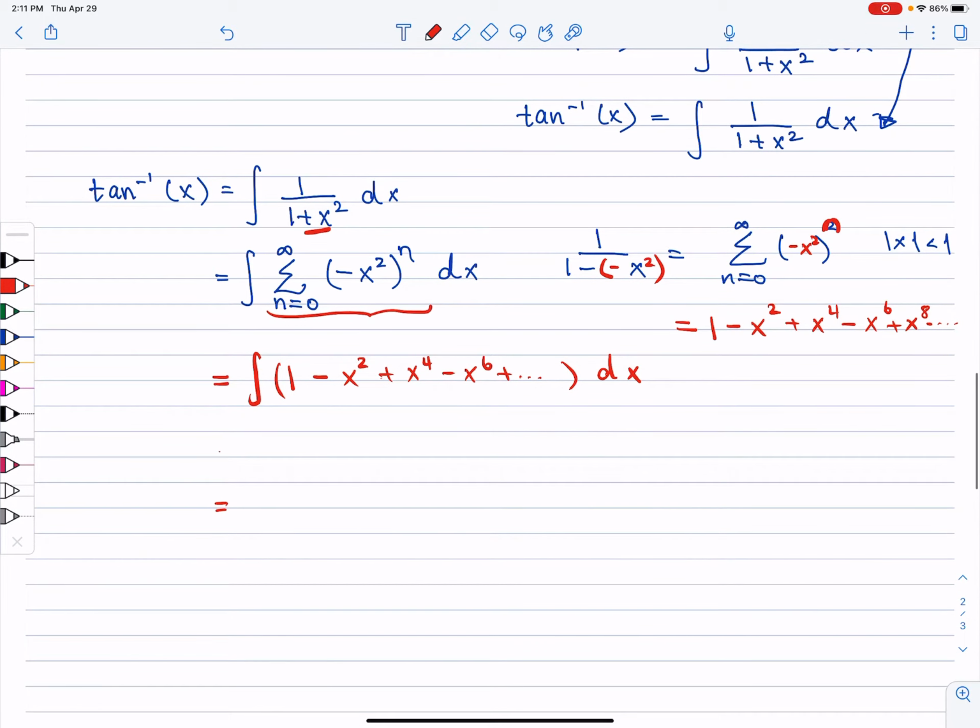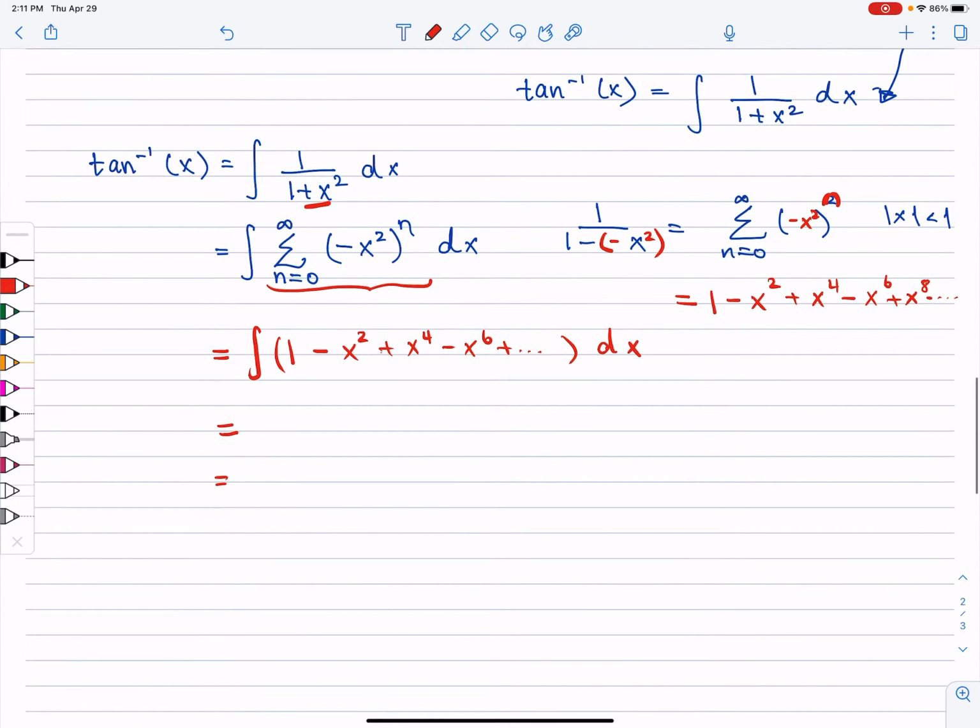So when you integrate this, you have x minus x cubed over 3 plus x to the 5th over 5 minus x to the 7th over 7, and then plus your constant.